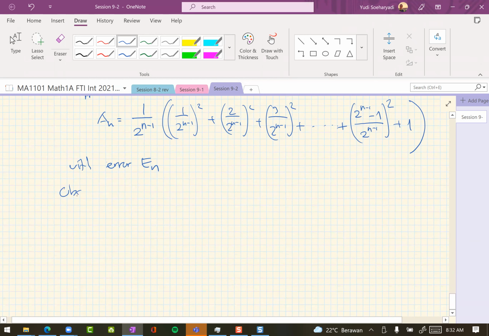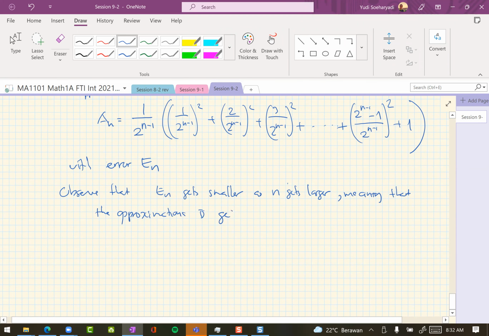So observe that the error gets smaller as n gets larger, meaning that the approximation is getting better. Okay, so this is the idea.